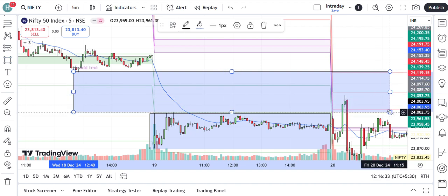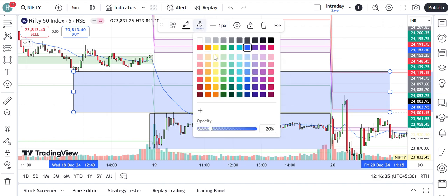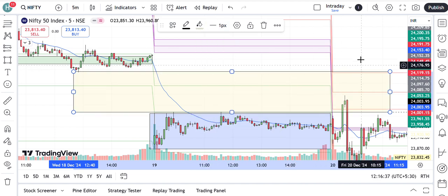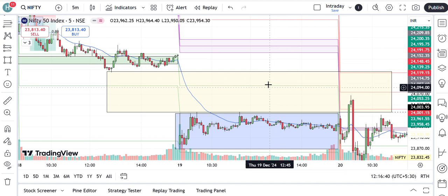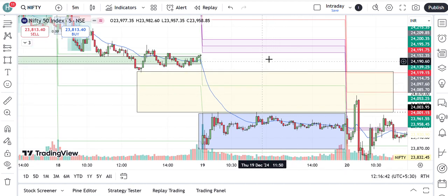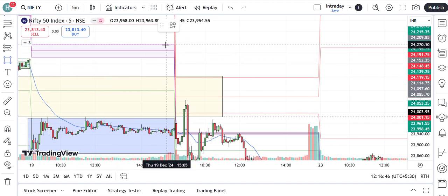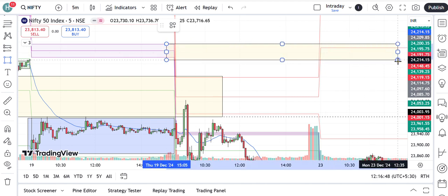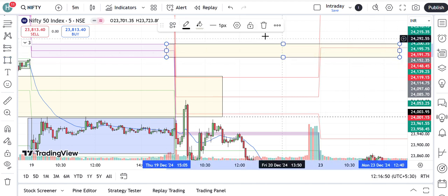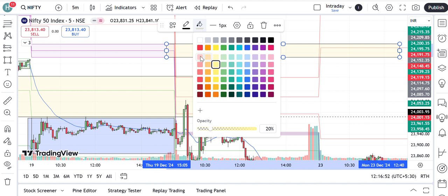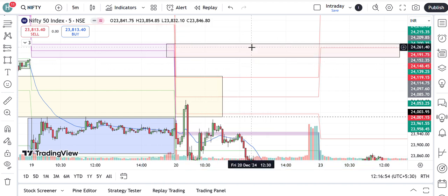The gap border has formed, and let us treat this with a color. This is a gap border, and this is again a virgin CPR. How do we mark a virgin CPR? Generally, let us mark it with a light pink color. This is the virgin CPR.